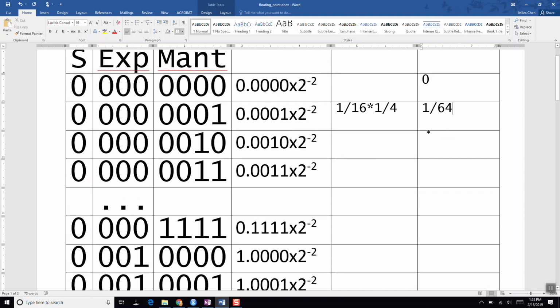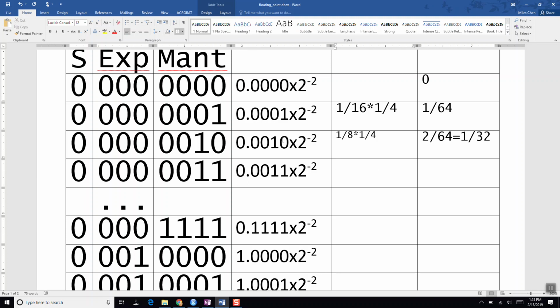This is equivalent to 1/64. All right, over here I have what? 0010. This is the next biggest value, okay? And so this is 1/8 times 1/4, and we have 2/64 or 1/32, okay?